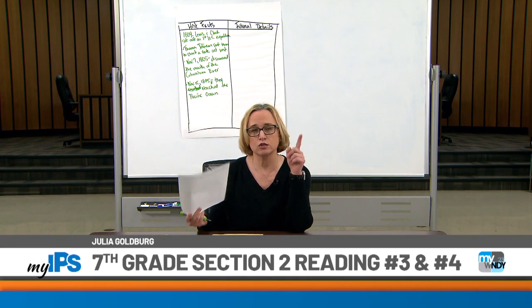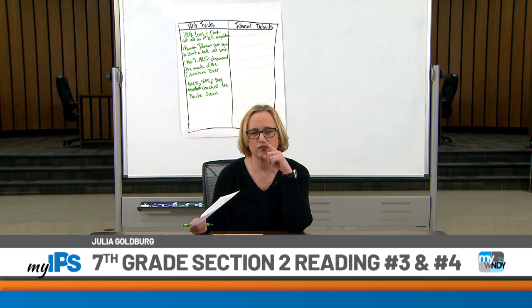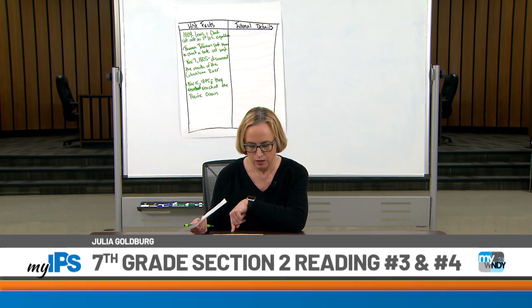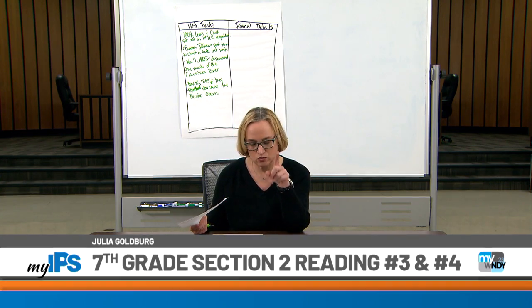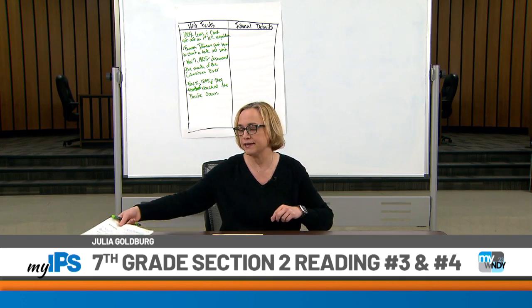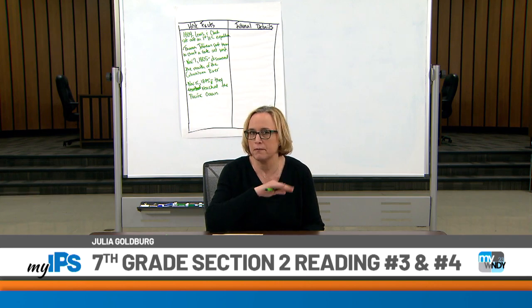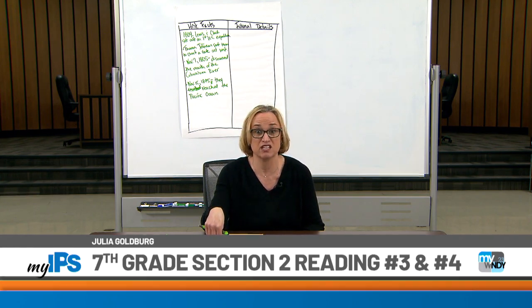So I want you to look into this account and underline things that seem familiar from the last passage that we read. And then we're going to do two things. We're going to star any story elements that are clearly fictional, made up, added to make it historical fiction. All right?